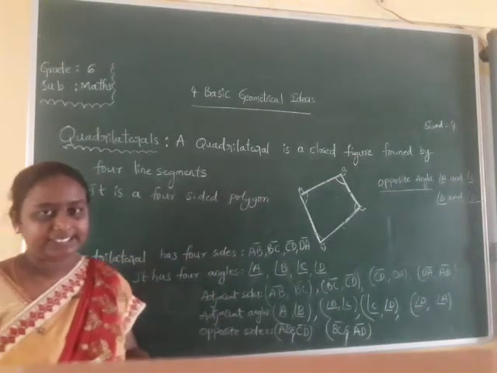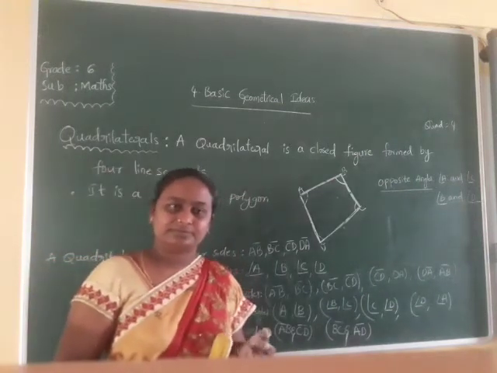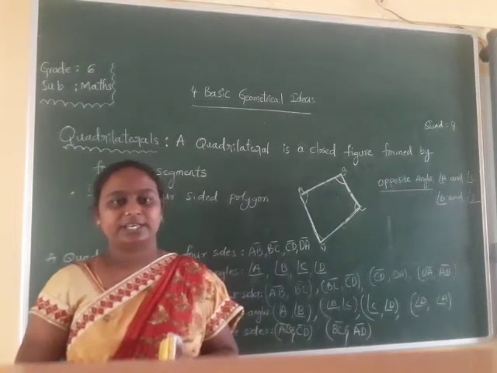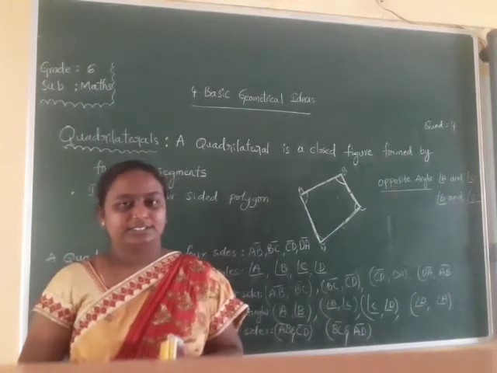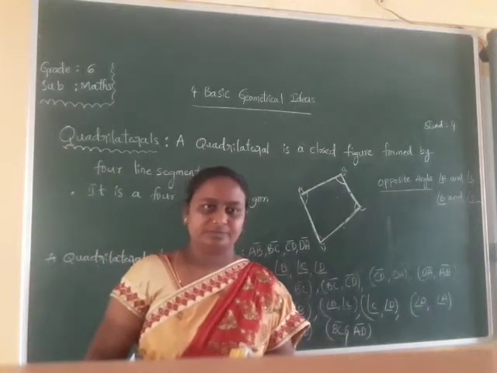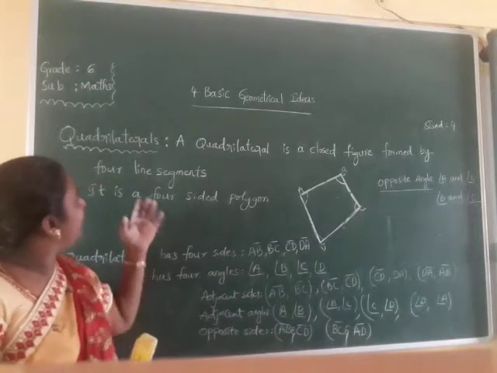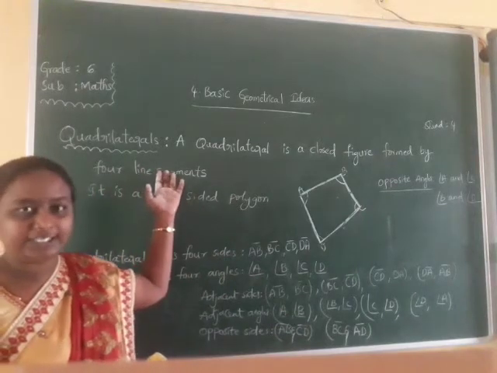Examples of quadrilaterals are square, very good, rectangle, trapezium, kite, very good. So these all are the examples of quadrilateral.